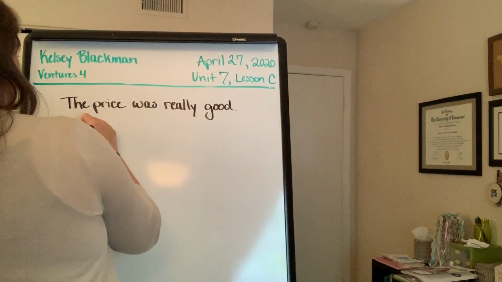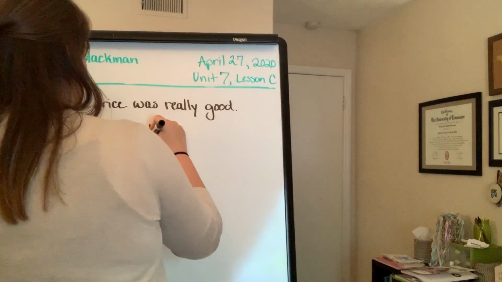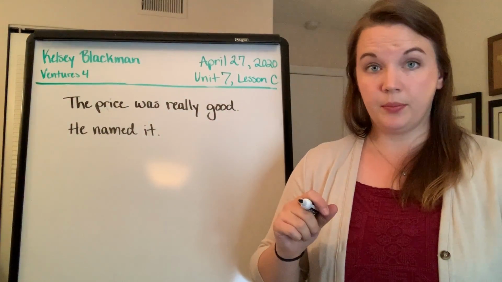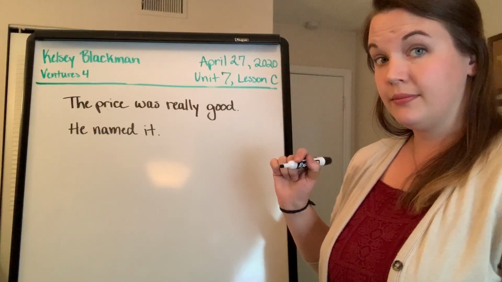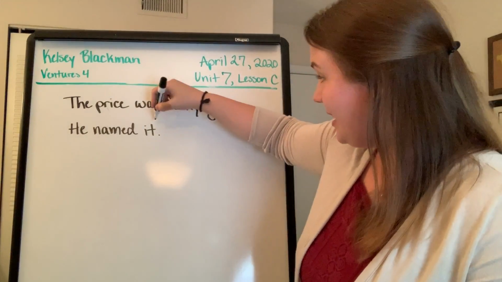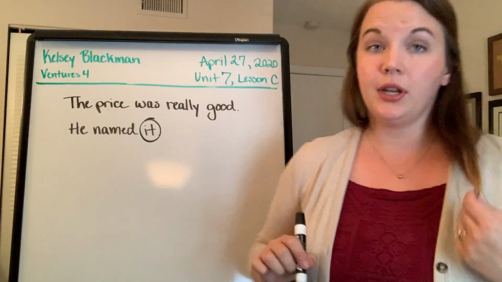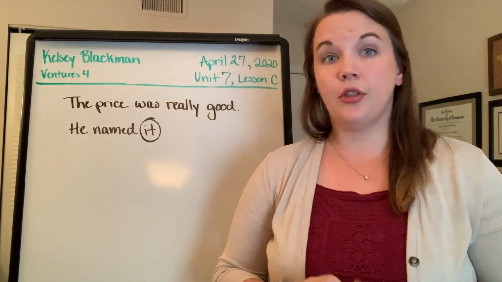He named it. Okay. First step, what is the object of the second sentence? Again, it is it. And what is it referring to? The price.